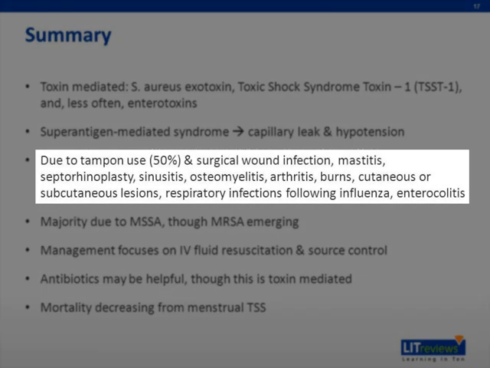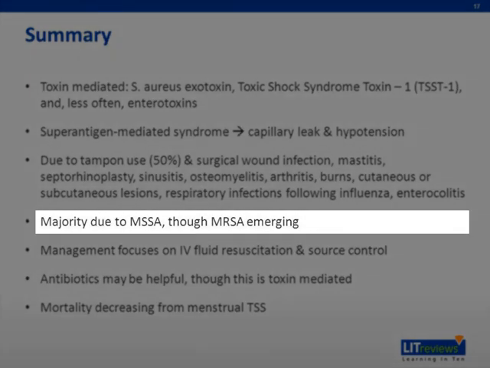It's due to tampon use in about 50%. Other sources include surgical wound infection, mastitis, septorhinoplasty, sinusitis, osteomyelitis, arthritis, burns, cutaneous or subcutaneous lesions, and respiratory infections following influenza or enterocolitis. The majority are due to MSSA, though MRSA is now emerging.